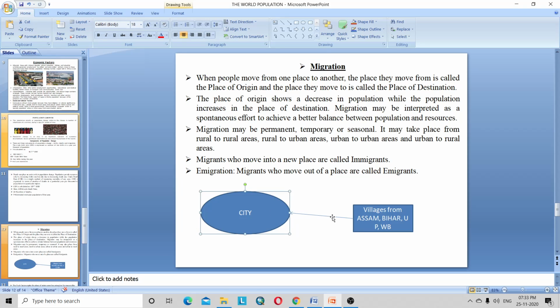So what happens when thousands of people migrate to a city is that it contributes to population growth in the city, whereas there will be a decrease of population in the village area.